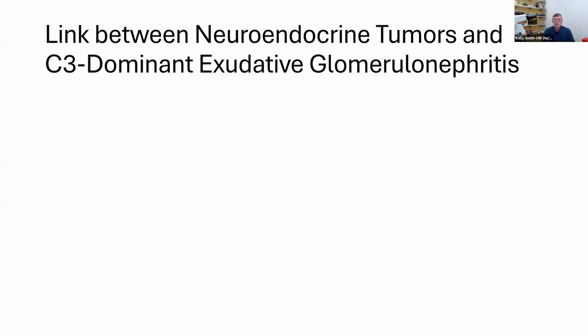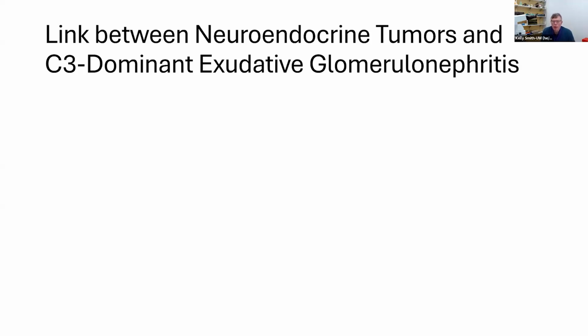And so we went and searched to see, what is the link between neuroendocrine tumors and C3 dominant exudative glomerulonephritis. And this was when I did the Google search, and it's really nice. I think everyone appreciates the AI assist with this, because it not only deciphers all the literature, it gives you this nice paragraph that summarizes what all the literature tells you, and then it even provides links to it.